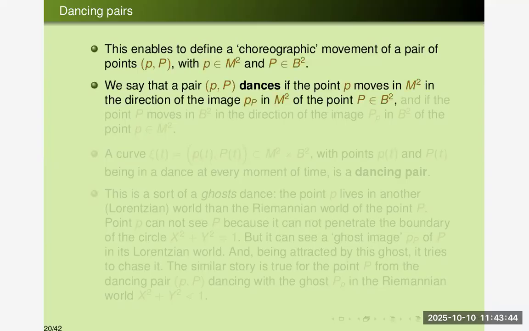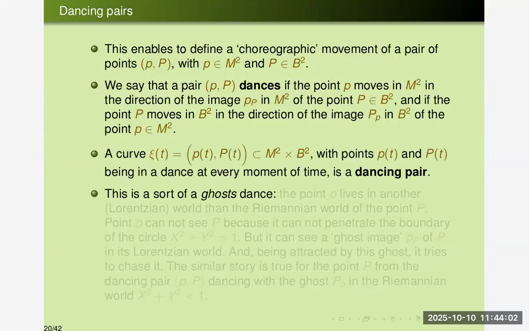We say that a pair of these points dances if the point small p moves in M2 in the direction of the image of the ghost of the point capital P, and the other way around. This is sort of a ghost dance, because the guy here doesn't know the guy there, because he lives in a different space.